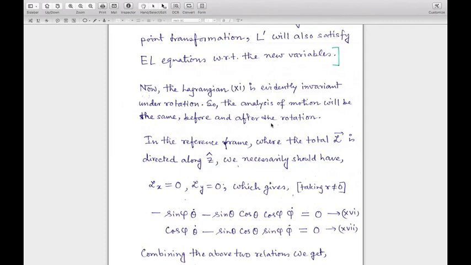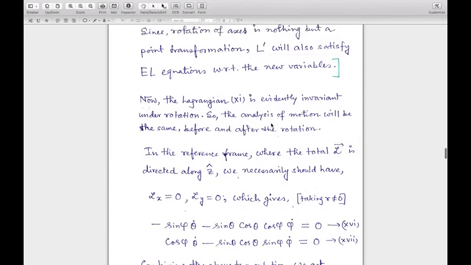So basically we can say that after the rotation, our system will be such a system for which the total angular momentum is a constant vector.